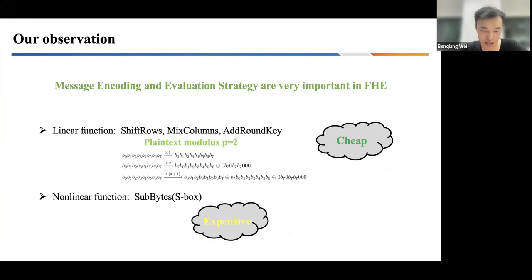Linear functions can be evaluated very quickly just by setting the plaintext modulus to 2, while for nonlinear functions, the S-box is usually considered the most difficult part to deal with.